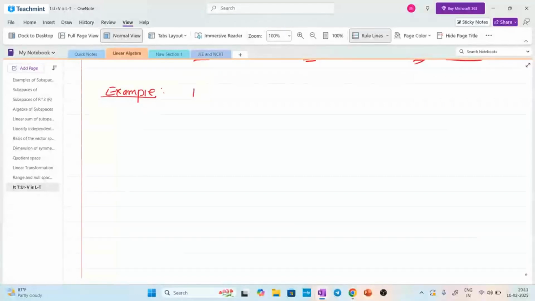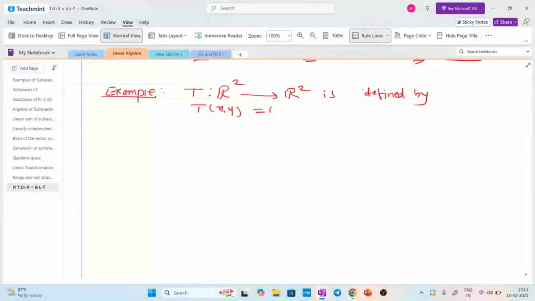That is T from R square to R square is defined by T of (x, y) is equal to (x, minus y). This is how they have defined it.